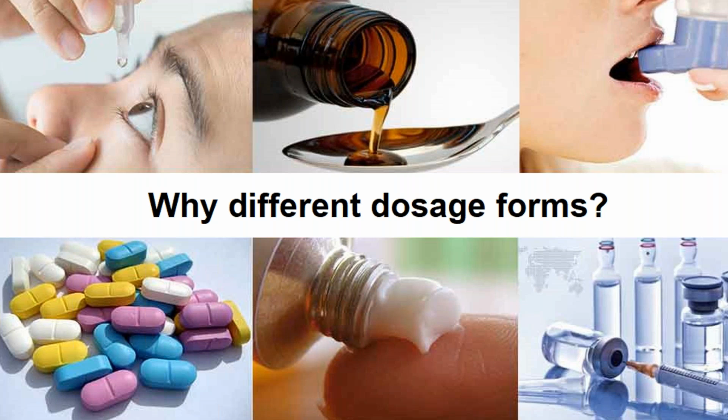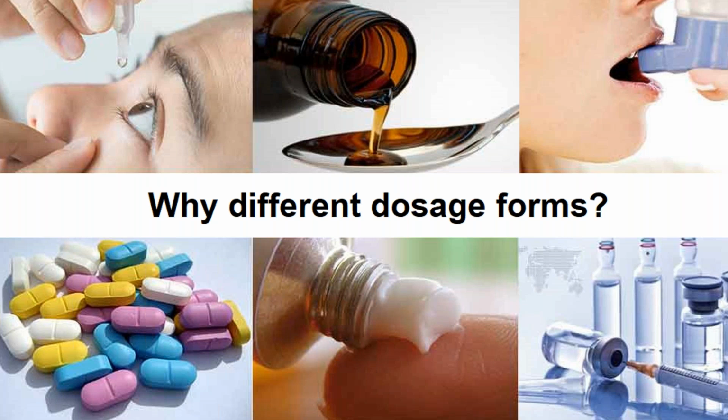For example, a tablet is suitable for oral administration, but it cannot be administered by the parenteral route until it is diluted in a sterile solvent. Even you cannot administer a tablet into the rectum. Thus, suppositories, specially designed formulations, are prepared for administration by this route.